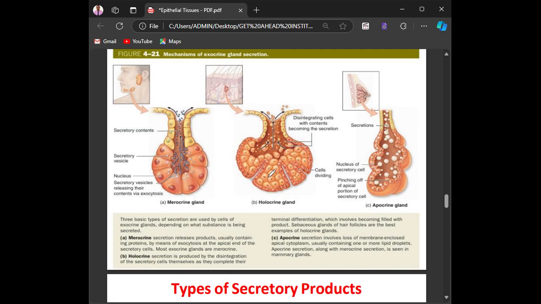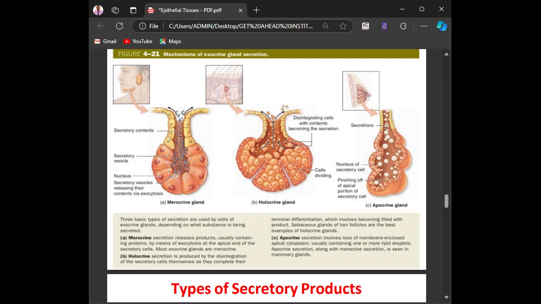When it comes to the methods of release, we have what we can classify as merocrine glands, holocrine glands, and apocrine glands.